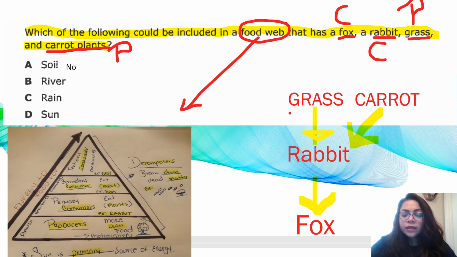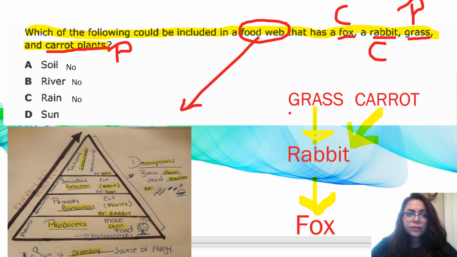A. Can soil give energy to any of these organisms? No. Soil cannot give energy to the grass, the carrot, rabbit, or the fox. B. River. Can the river give energy to any of these organisms? No. C. Can the rain give energy to any of these organisms?